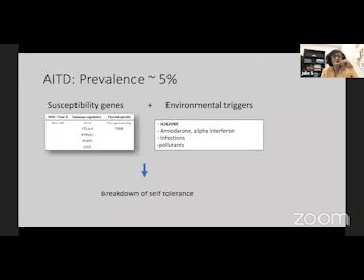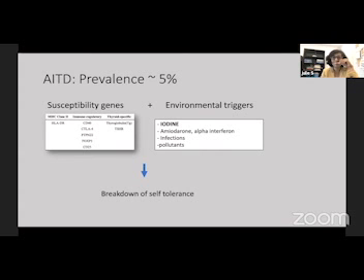We know that autoimmune thyroid disease, encompassing Hashimoto's thyroiditis, Graves' disease, and postpartum thyroiditis, has a prevalence of approximately 5%. Over the years, susceptibility genes have been identified, including the HLA-DR subtypes and the non-MHC immune regulatory genes, including CD40, CTLA4, as well as thyroid-specific genes like thyroglobulin and TSH receptor genes.